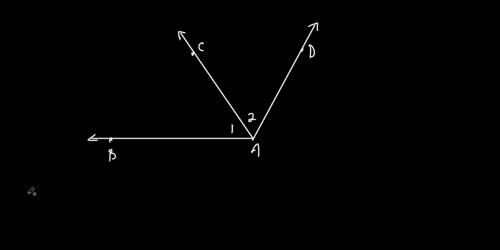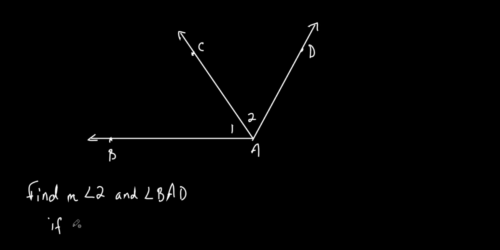It says find the measure of angle 2. That means we're going to find a number when it says find the measure of it. And angle BAD, here's what they tell you.